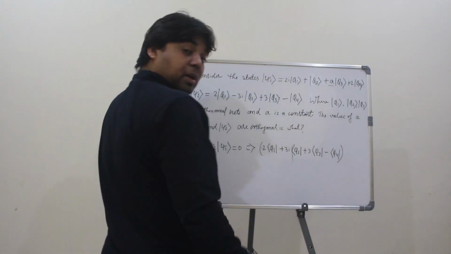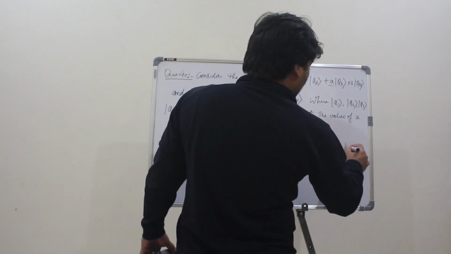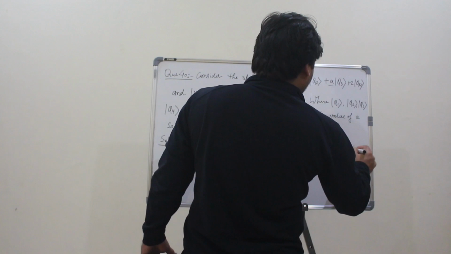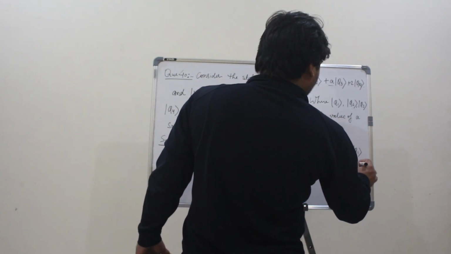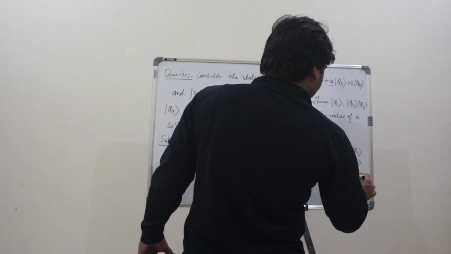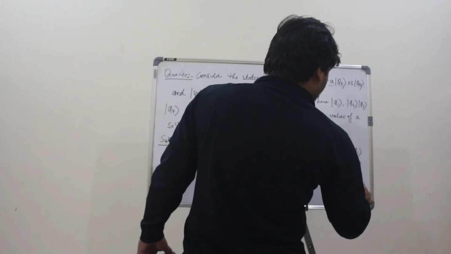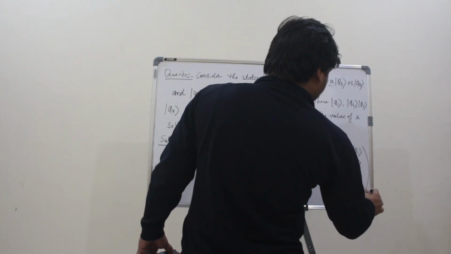Now this becomes a bra, and this is your ket, which is 2i phi 1, phi 2, A phi 3 and 2 phi 4.